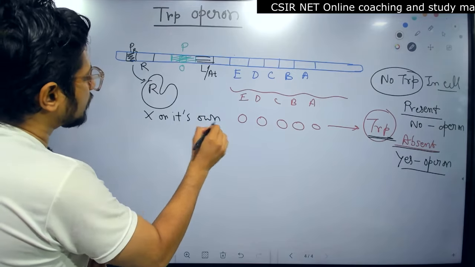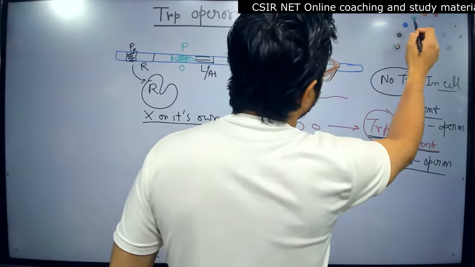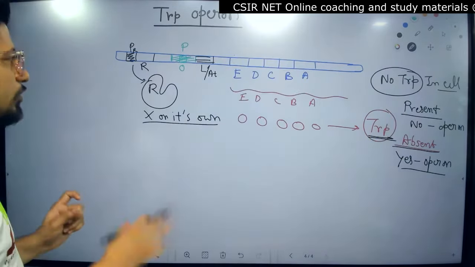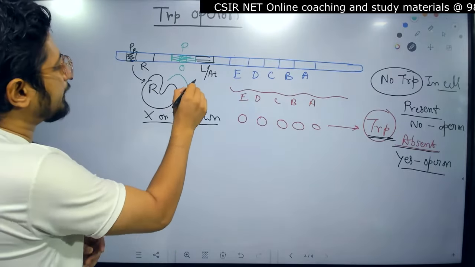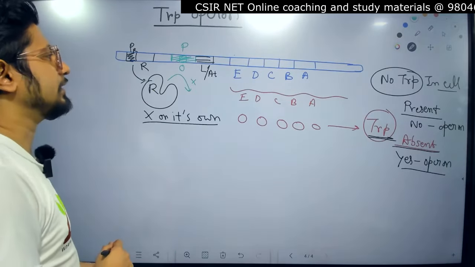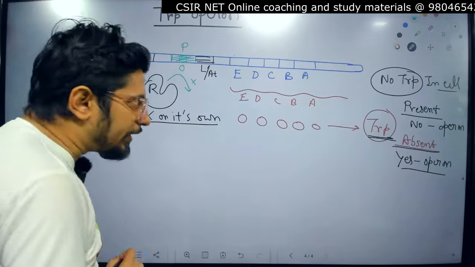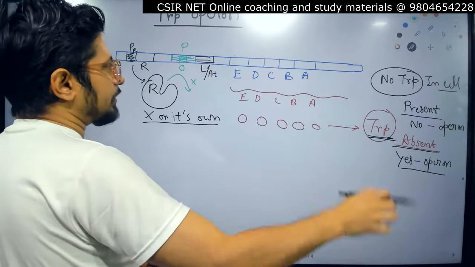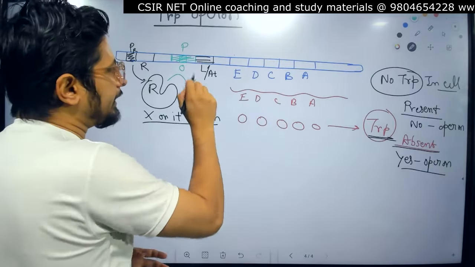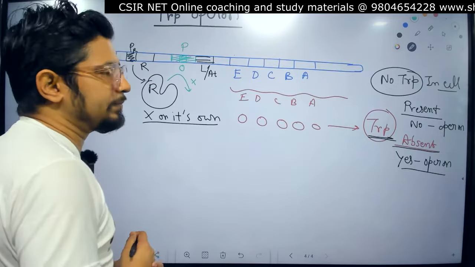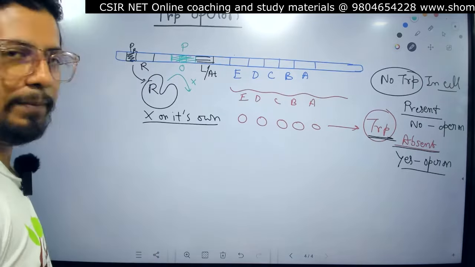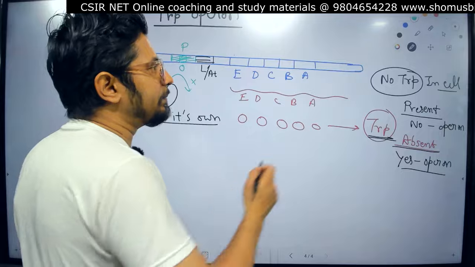The repressor although present cannot bind to the operator region, thus the promoter is free, and the RNA polymerase can bind and transcribe the E, D, C, B, A structural genes into mRNA, and the proteins can be made.